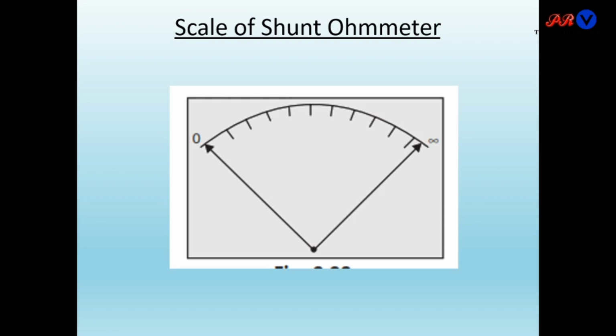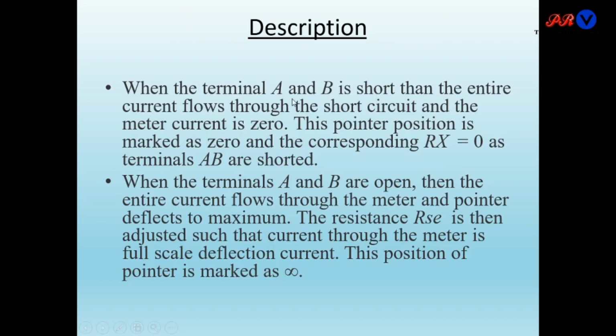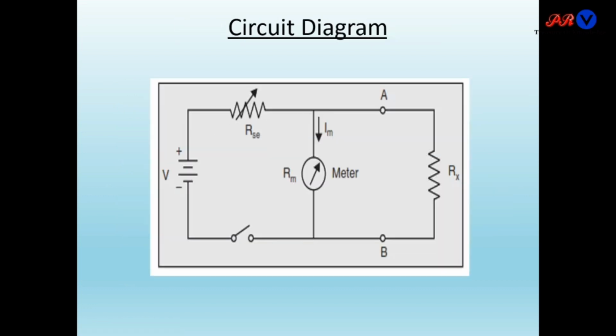Scale of shunt ohmmeter is shown in the figure. This is zero resistance, this is infinite resistance. So when the terminal AB is short, meaning resistance is 0, Rx is 0, then the entire current flows through the short circuit and the meter current is 0, because when it gets shorted, the total current from this battery will pass through this terminal.